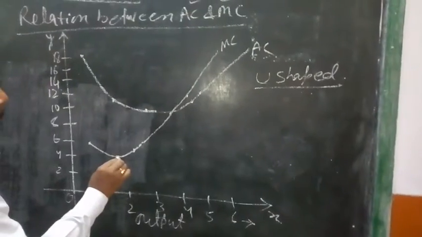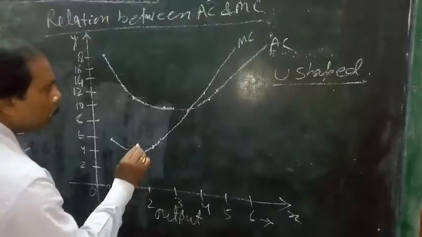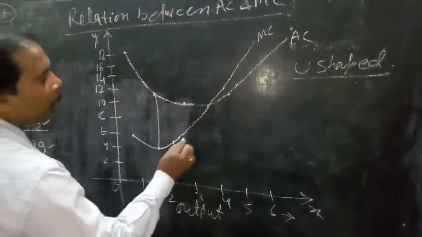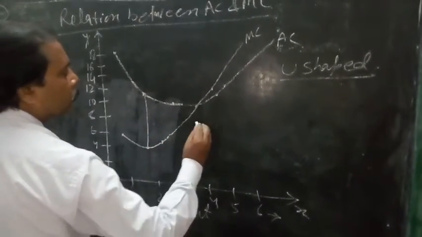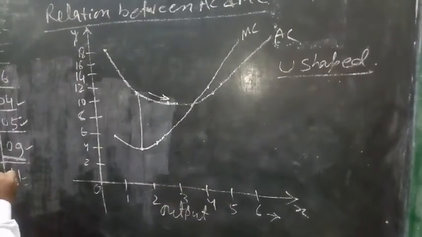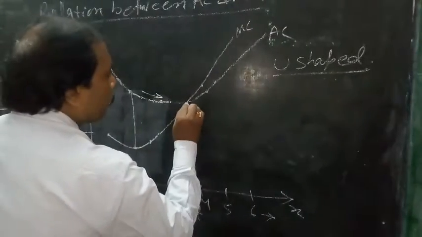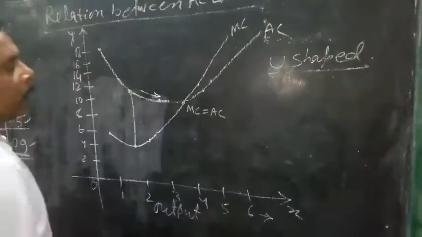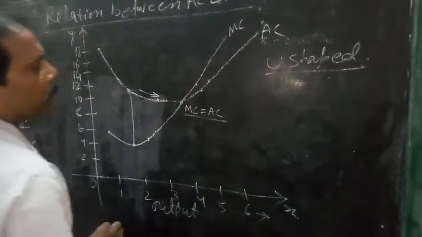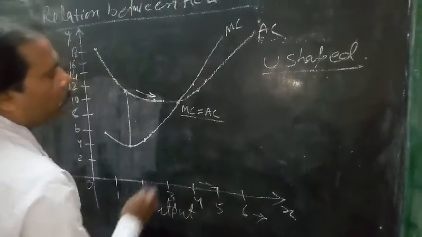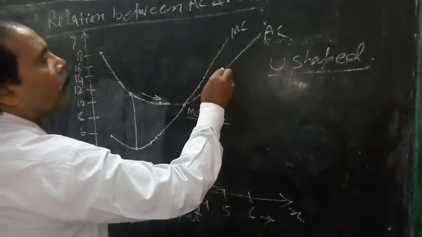But what you find? This is the minimum point of MC, and after that MC continuously starts to increase, but AC is continuously falling. Is it clear? This is the point where MC is equal to AC, and after MC becomes equal to AC, if we increase the output, MC increases at a faster rate.